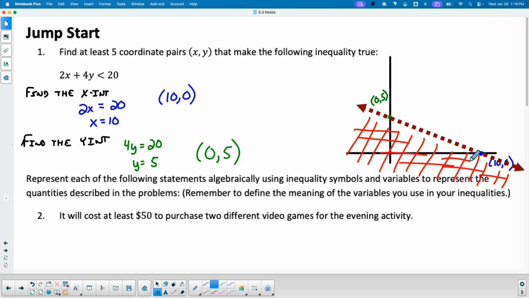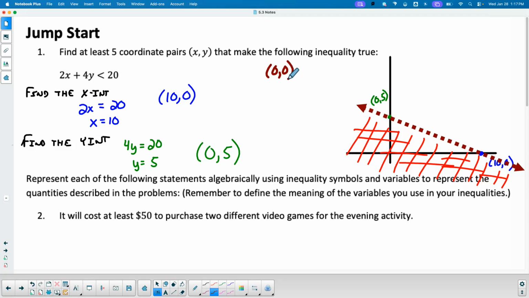As long as my point is in that shaded region, it would be true. One point that would make it true would be the origin, because the origin's right here, in my shaded region. If I plug in my origin, 0 plus 0 is 0, 0 is less than 20. Works out.